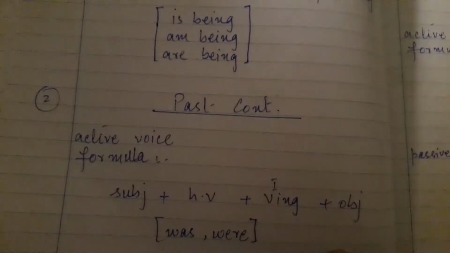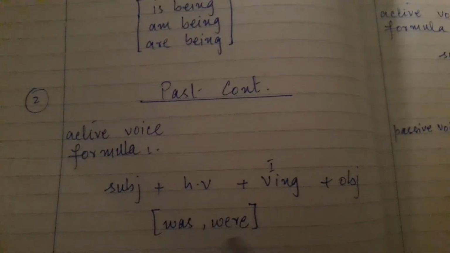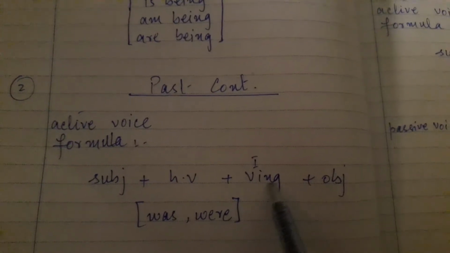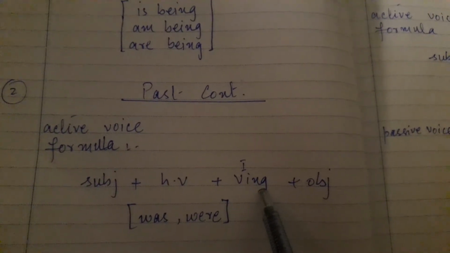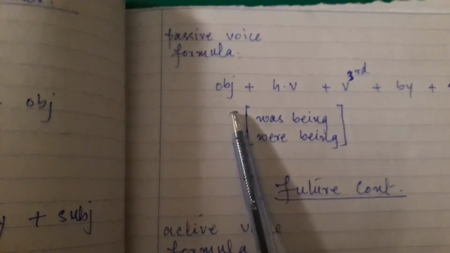Now what happens in past continuous? Just see the past continuous formula of active voice: subject, helping verb, because it is past, that's why was, were. First form of the verb, ing for continuation, and at last comes object. Again what happens in passive voice when you change the past continuous?